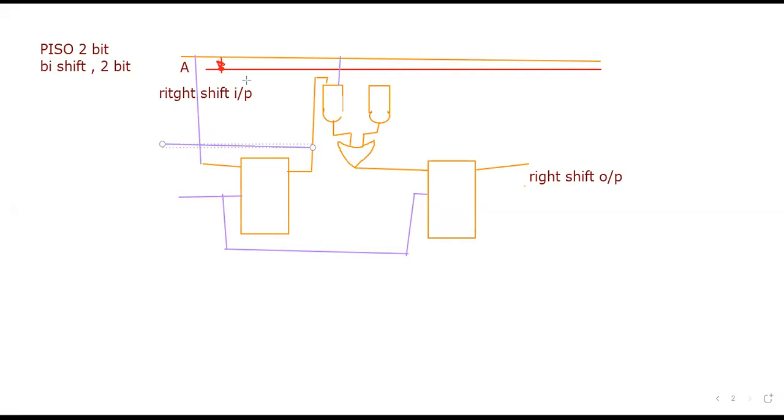So we have to write that this is our output and it is the left shift output. Understand?